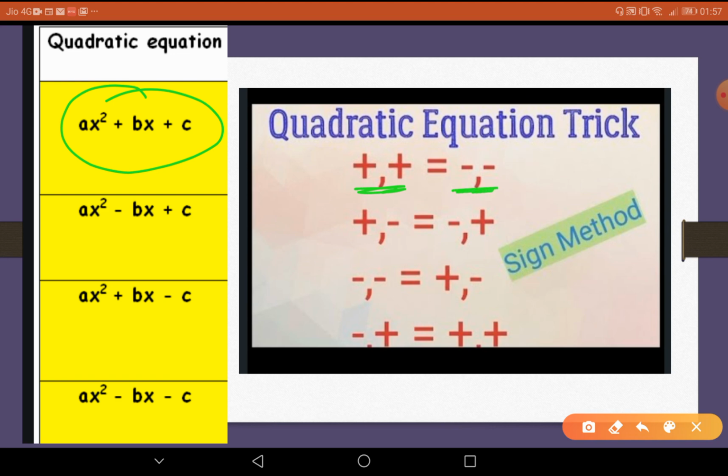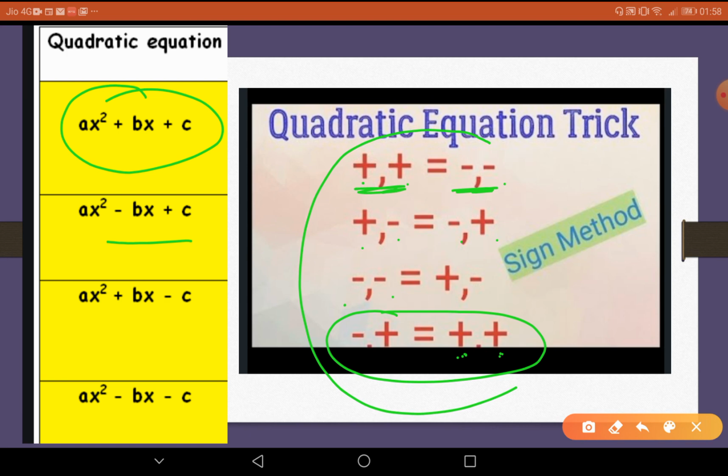If the sign is minus plus, then the solution will be plus plus, every time. Similarly, if it's plus plus, then the solution will be minus minus, and if it's plus minus, the solution is minus plus, and if it's minus minus, the solution is plus minus. You can just memorize this.